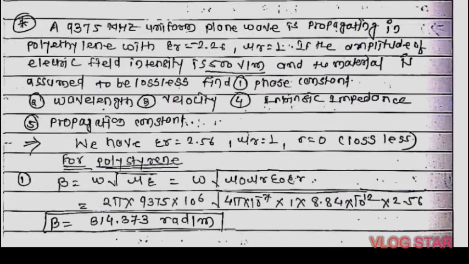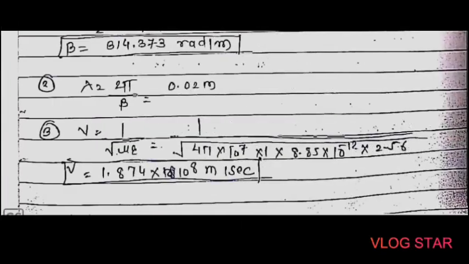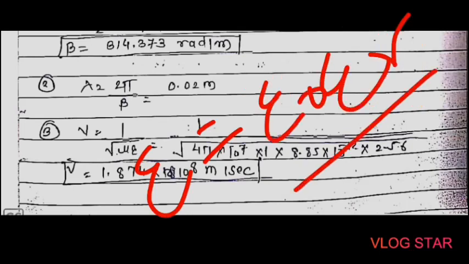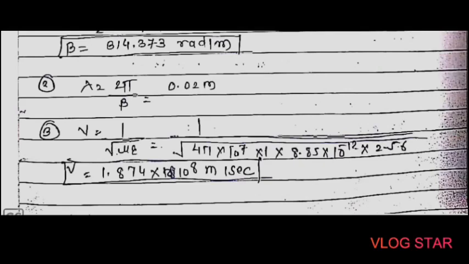Next is velocity. To calculate the velocity in a lossless medium, we use the formula v is equal to 1 upon root of mu into epsilon, which is equal to 1 upon root of mu 0 mu r into epsilon 0 epsilon r.